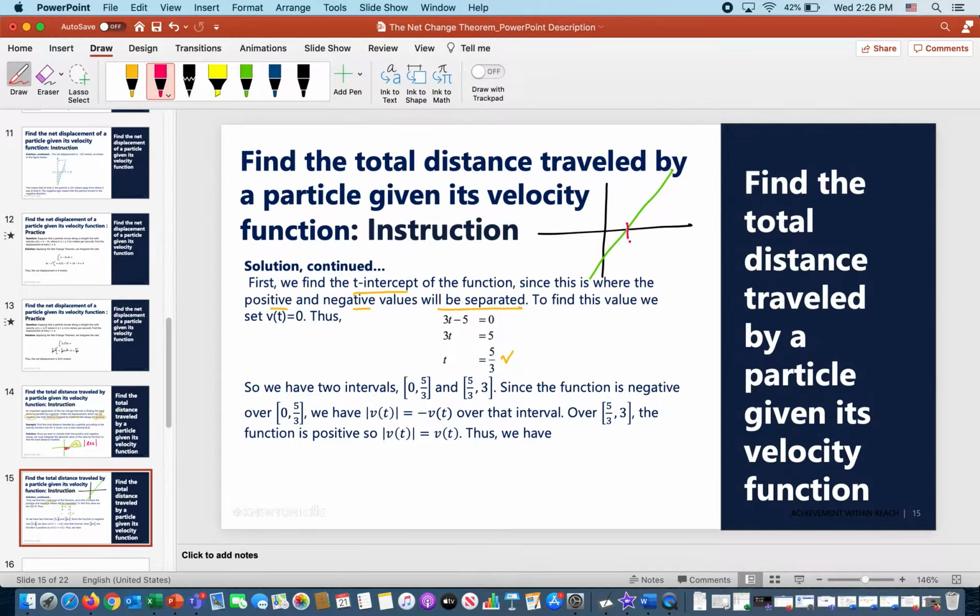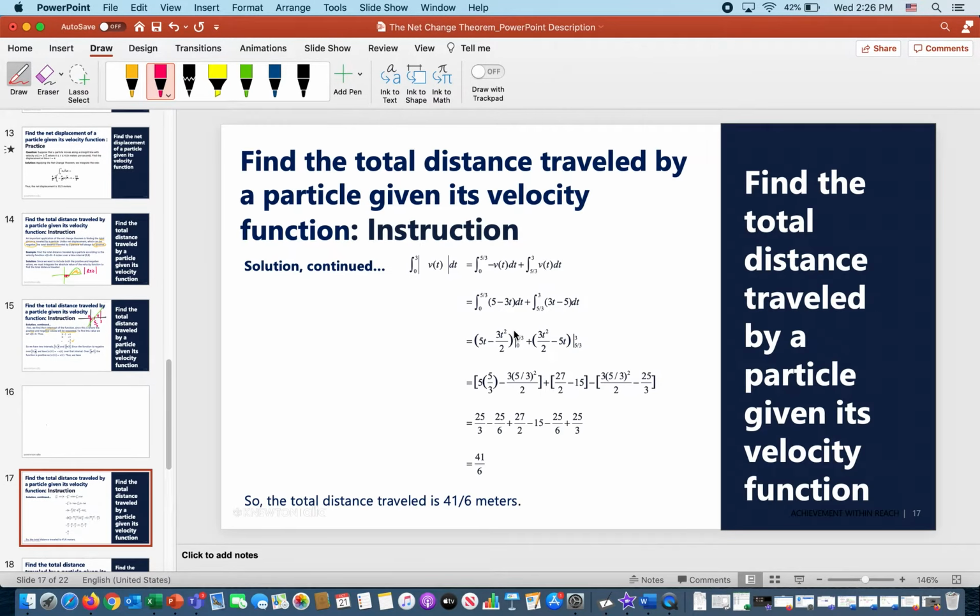This value right here is 5/3, and that's where the break occurs. So we're looking at the interval from 0 to 3, and there's a break at 5/3. That's going to be important because I'm going to have to break this thing up into two different parts. We're going to have the part that's underneath the x-axis and the part that's above the x-axis.